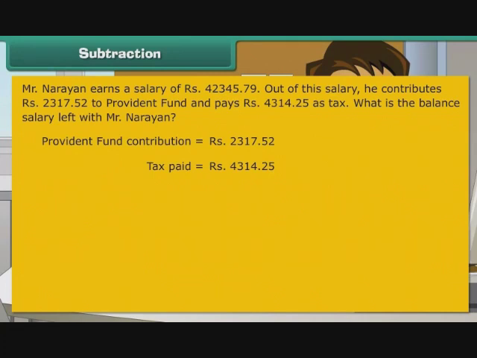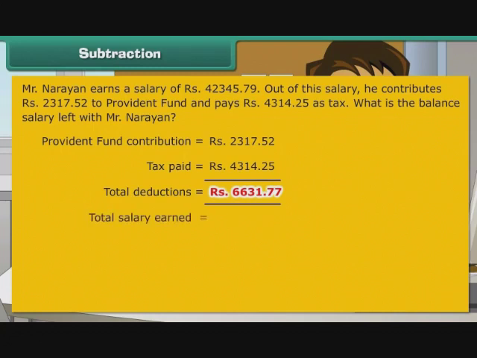Tax paid is 4,314.25. We add the two to get the total deductions as rupees 6,631.77. Total salary earned is rupees 42,345.79.